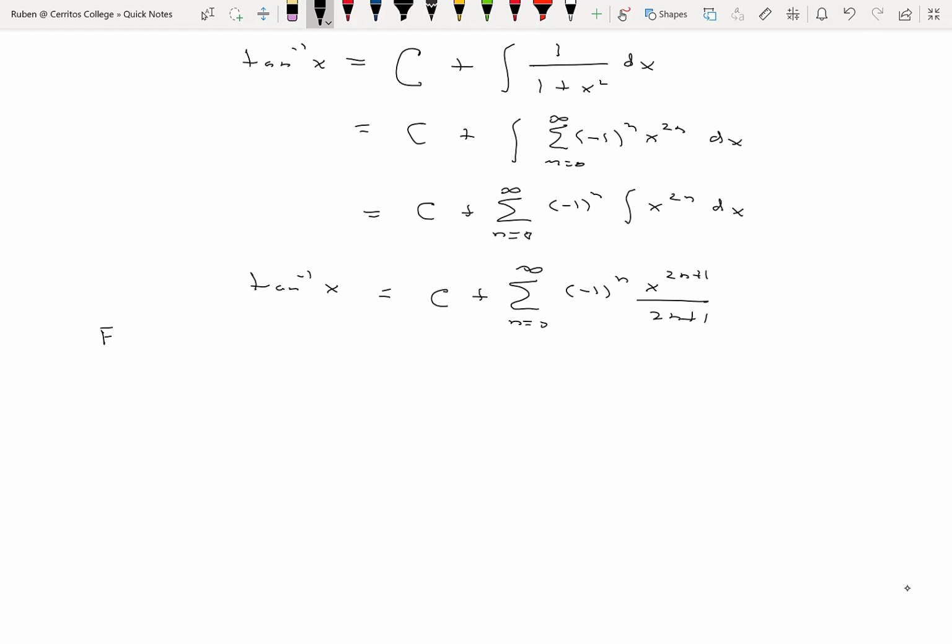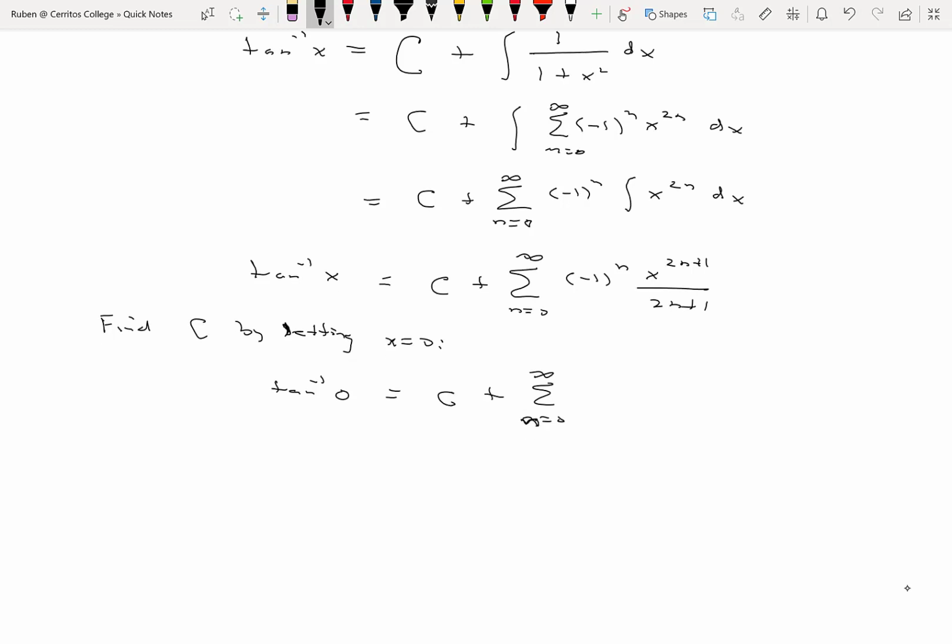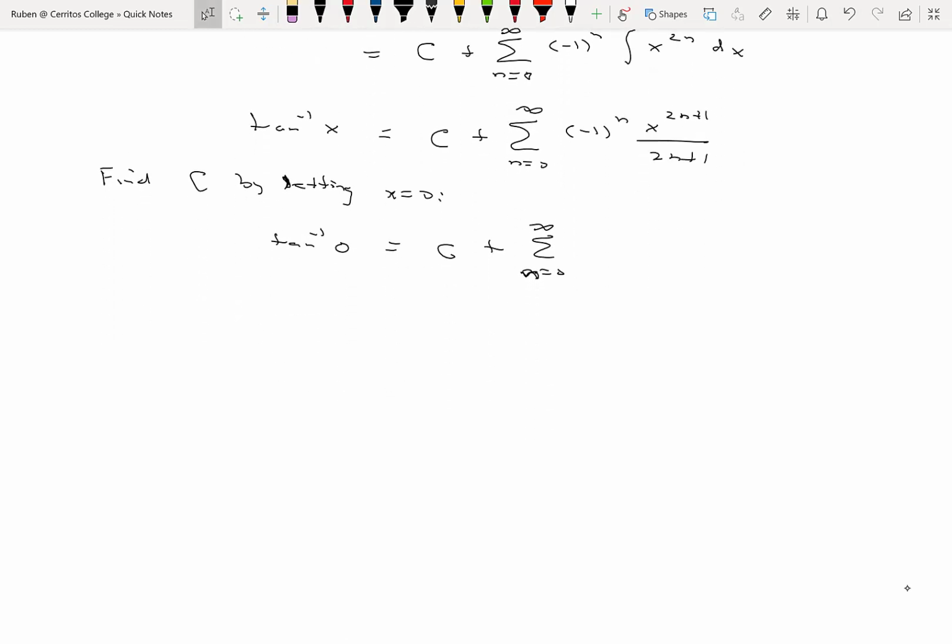So I'm going to find c by letting x equal 0 on both sides. So I'm going to get the inverse tangent of 0 equals c plus the sum, n goes from 0 to infinity, of just negative 1 to the n times 0.